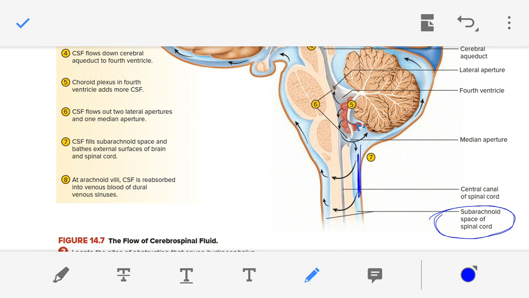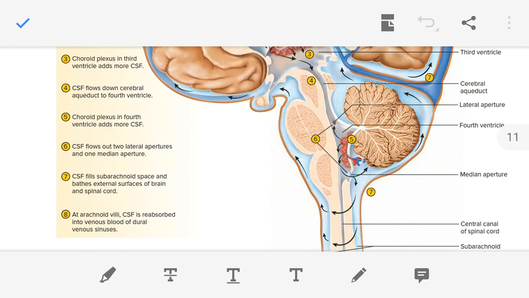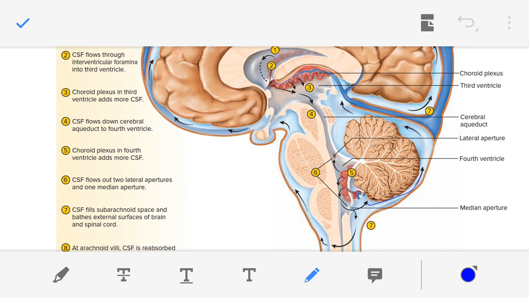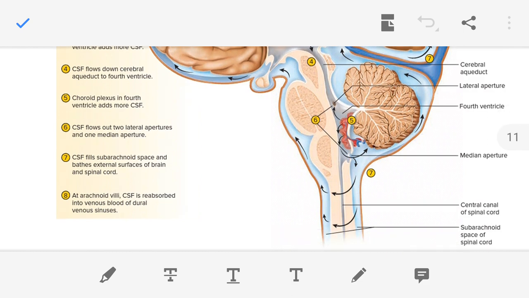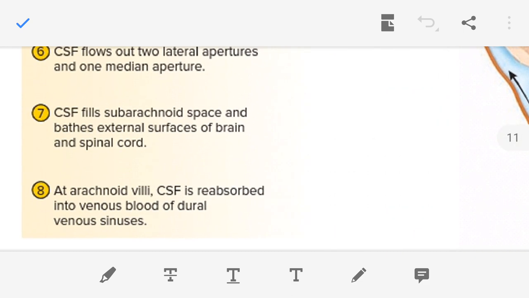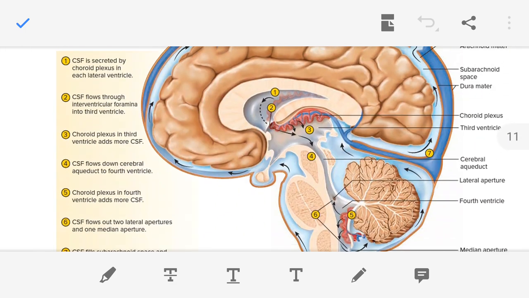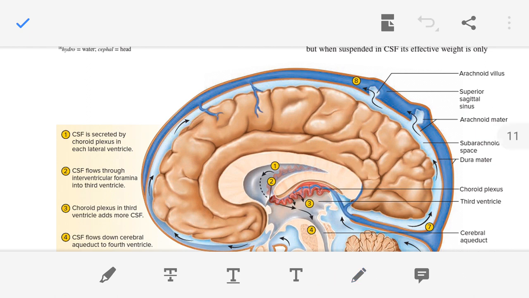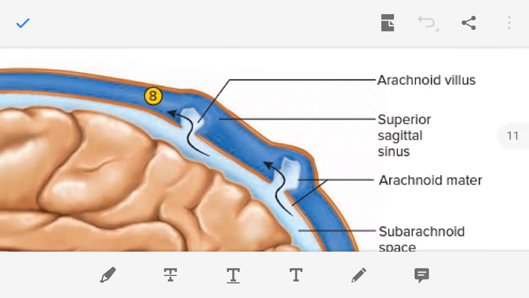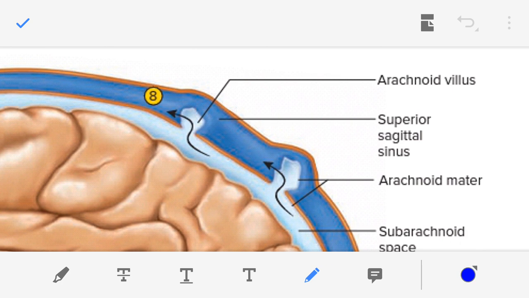So this is the subarachnoid space of the spinal cord, and here you can see these are all the subarachnoid space of our brain. So now CSF is circulating in the subarachnoid space, and with the arrow they are showing CSF, and finally CSF reaches the arachnoid villi.